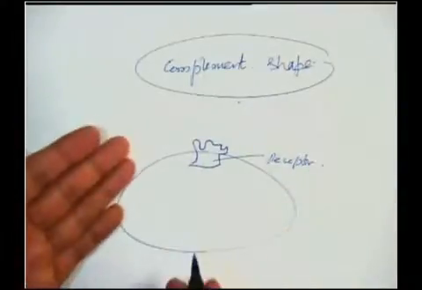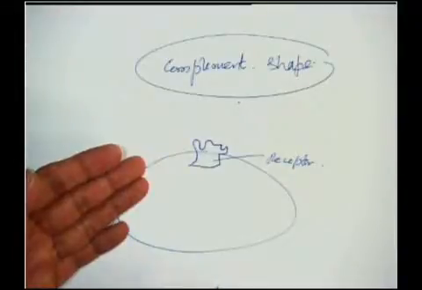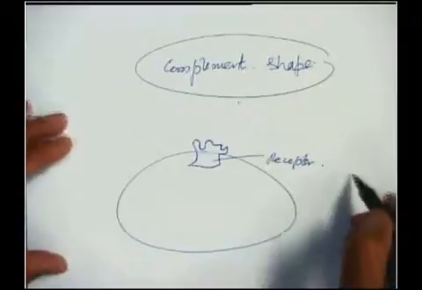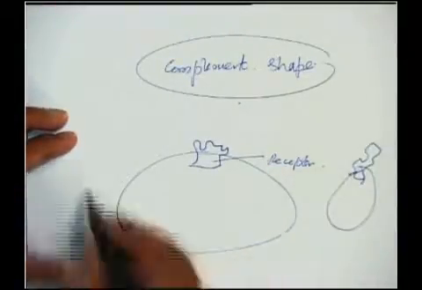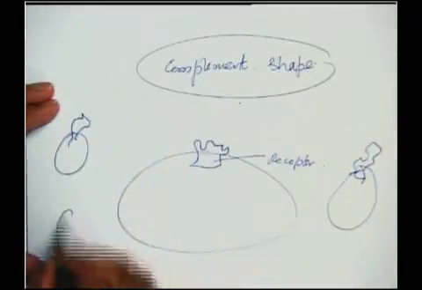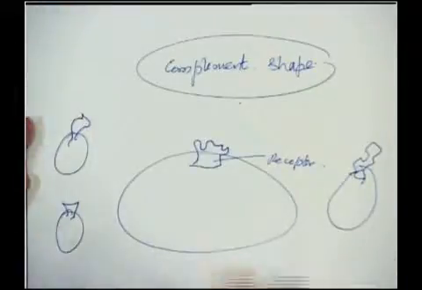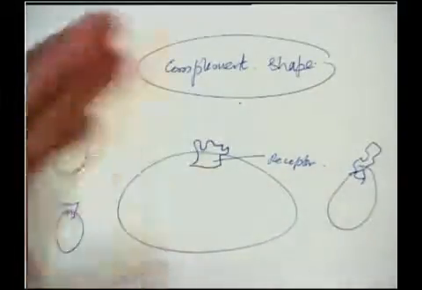It doesn't know about the structure of this antibody or anything, but it is randomly organized. In another B cell, the receptor will go like this. In another B cell, the receptors will be like this. Another B cell, the receptors go like that. So you have a different population of B cells, and the membrane has different types of receptors hanging around the cell.